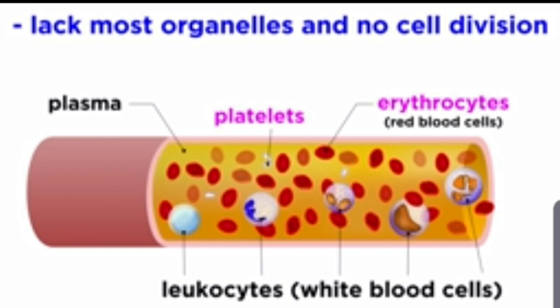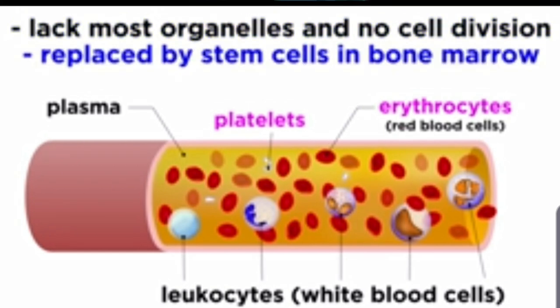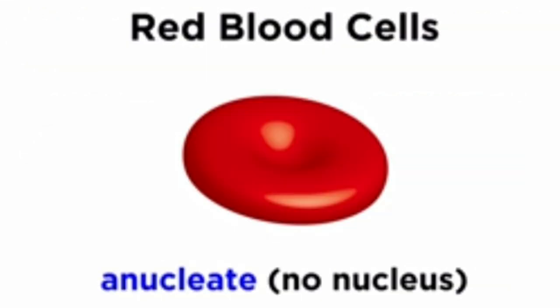They are replaced by stem cells in the bone marrow. Red blood cells are very numerous in the bloodstream, and they are shaped like flattened dishes with depressed centers.